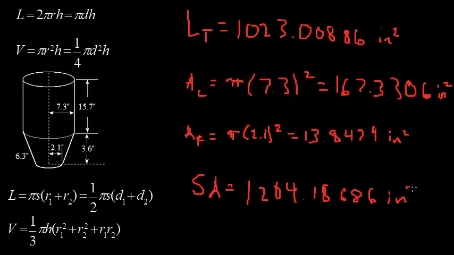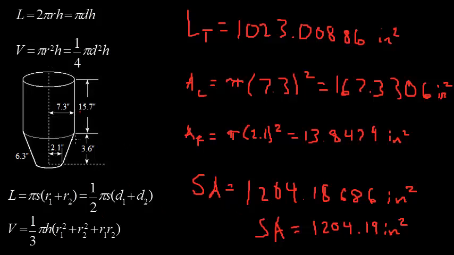And our units are inches squared. We can then round that to the hundredths place. We'll call our surface area 1204.19 inches squared. That is the surface area of that shape.